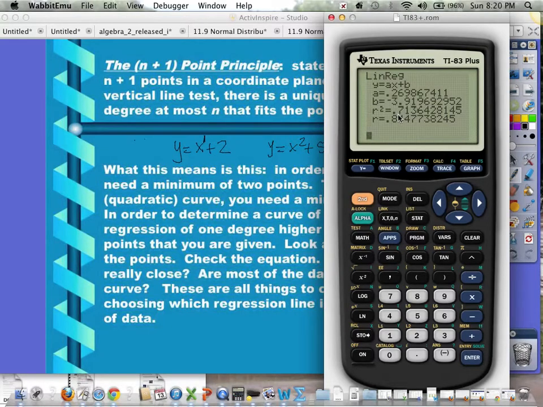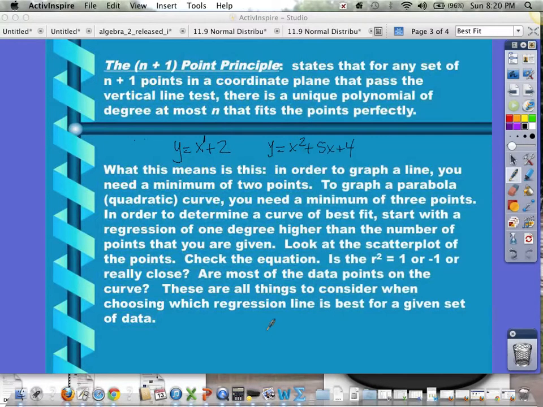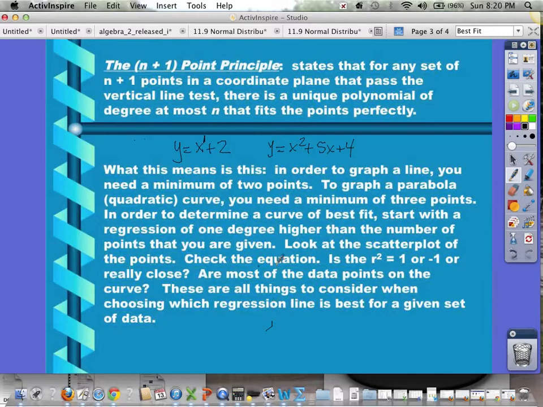That would mean a very, very strong correlation. Well, 0.7 is not super strong because it's not that close to 1, so I would know this one is probably not a good fit. Looking for that is another way to tell which one would be the best to pick. All of these are things you need to consider when you're picking the regression line. Okay?